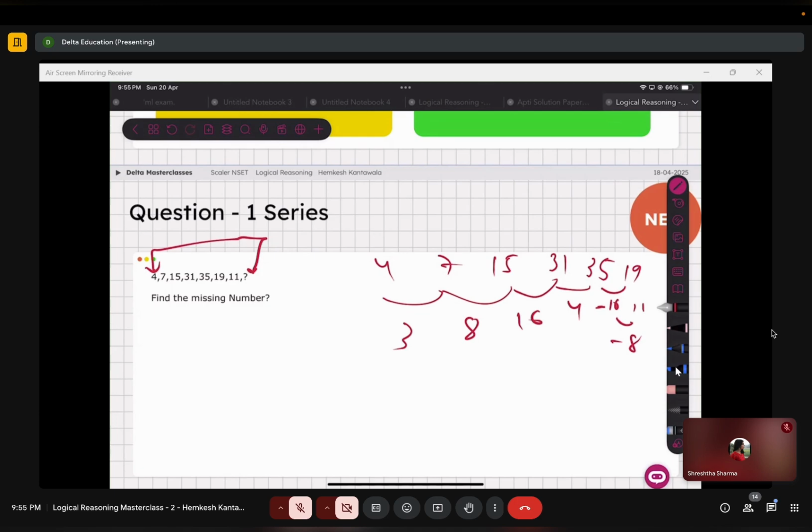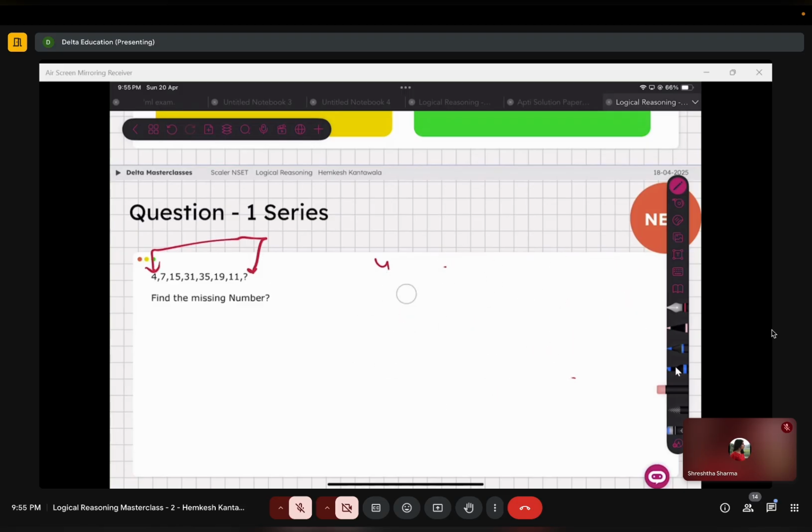Then 8 minus 3 is 5, this is 8, and this is negative of 12. No pattern. First thing that comes to our mind is this, but we are getting no pattern here. So what is the next thing that we need to think of?